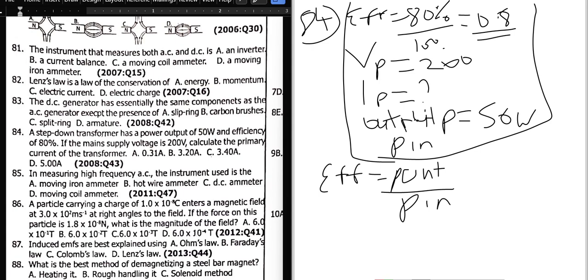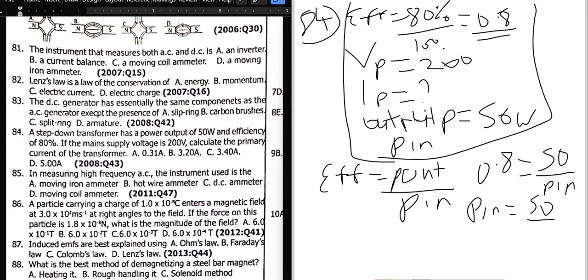Remember, what you're solving is 0.8 for efficiency, equal to 50 over P in. So what you solve in general is P in is equal to 50 over 0.8.